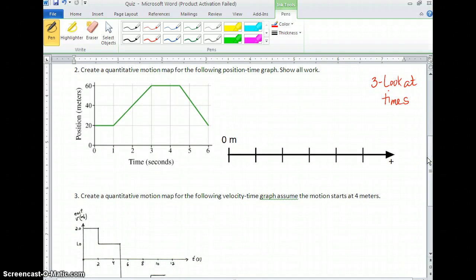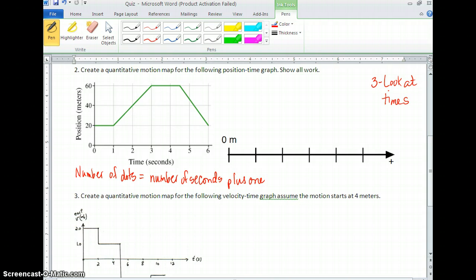Alrighty, number 2. We need to create a motion map. A couple things note-wise with a motion map. First thing, the number of dots. The number of dots equals your number of seconds plus 1.